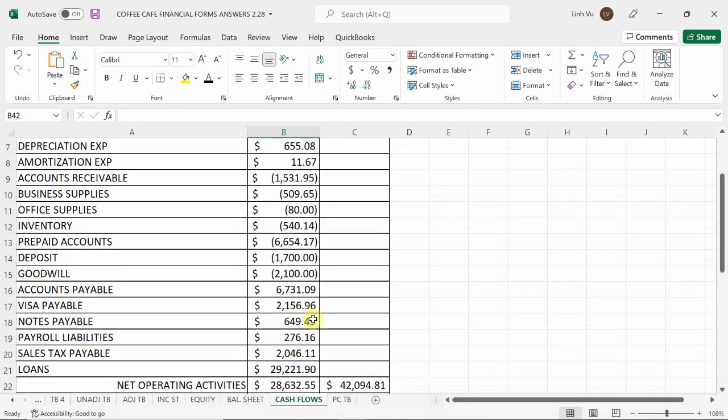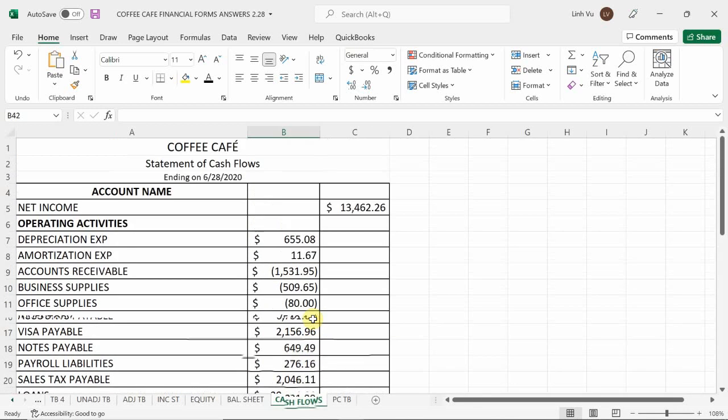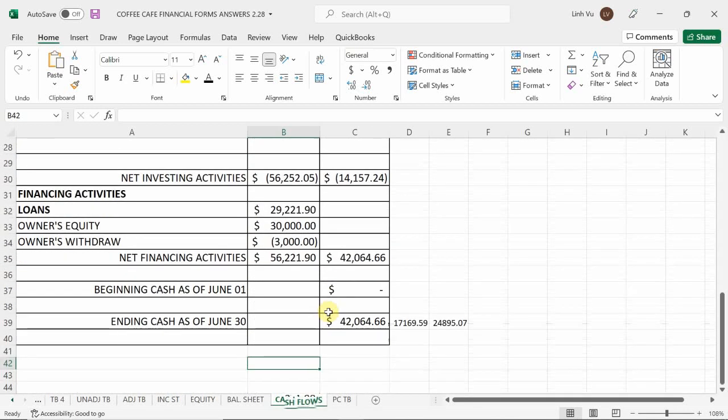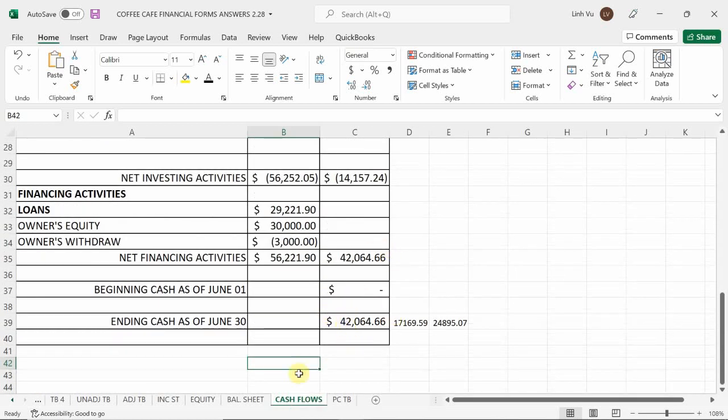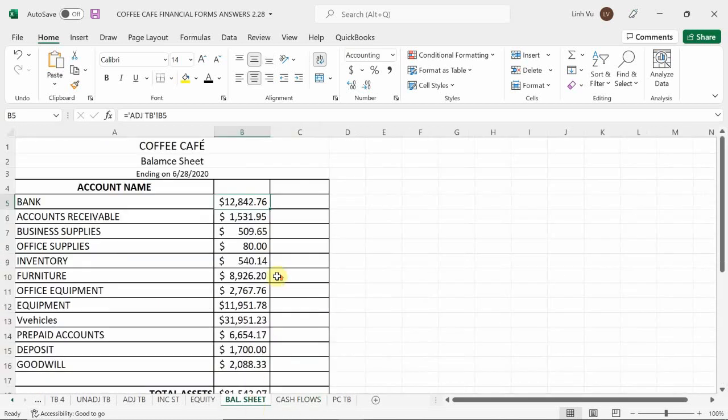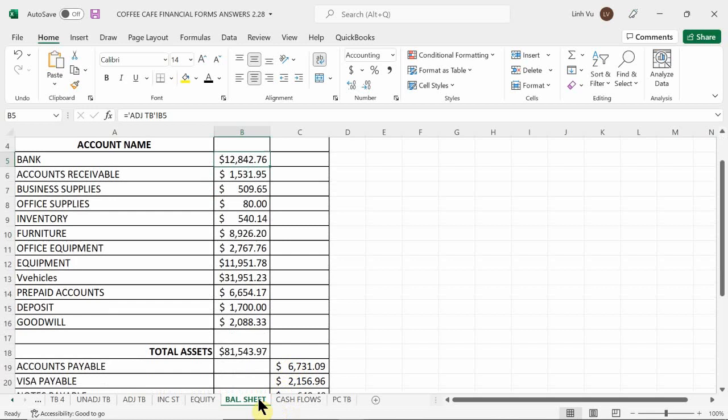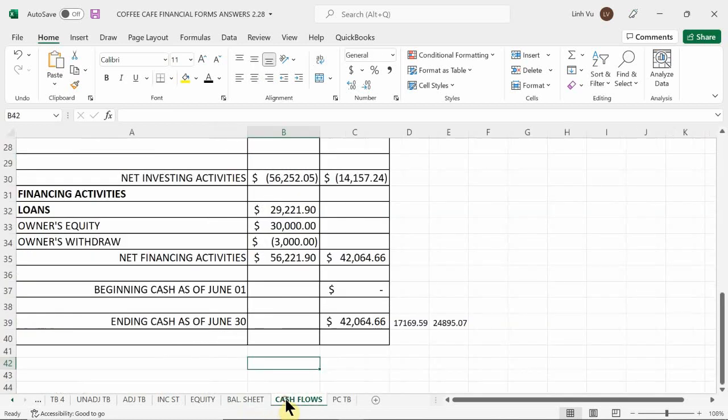All right. So that's why this is one of the more difficult worksheets to deal with, just because this number has to match your balance sheet cash flows right here of the 12,000, which in this case I did not get even. Okay, so it is very difficult to understand once again.